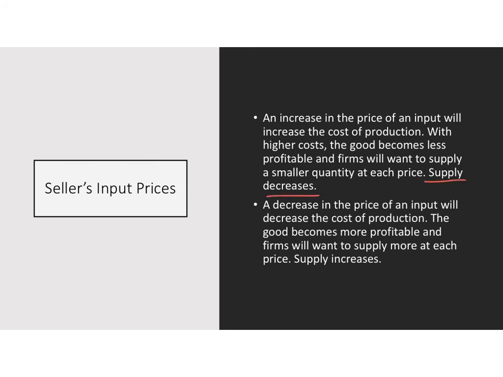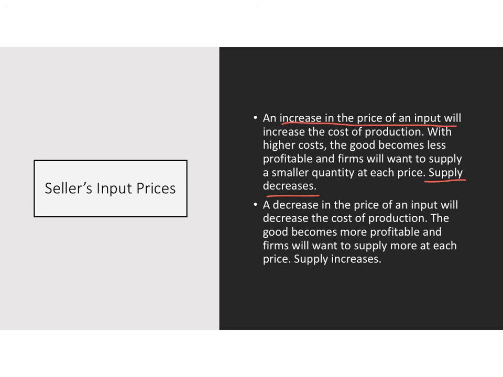So an increase in the seller's input price, the price of an input, will result in a decrease in supply. Conversely, a decrease in the price of one or more inputs will cause the cost of production to decrease.